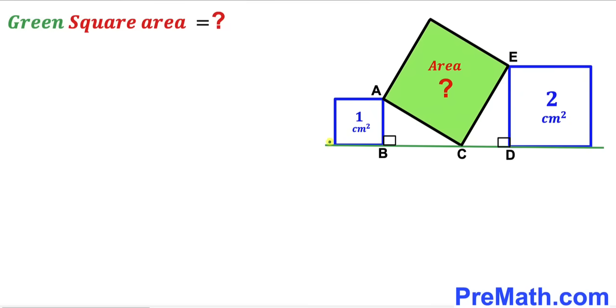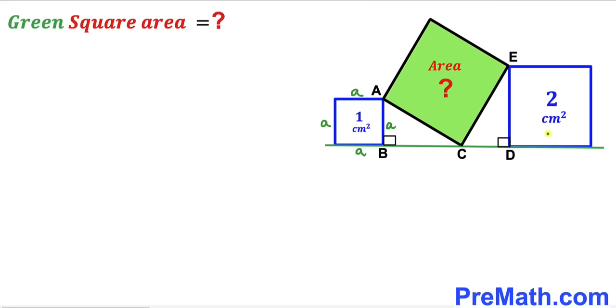And here's our very first step. Since we are dealing with all these squares, all these squares have the same side lengths. If I label this side length as lowercase a, then this is going to be lowercase a, and lowercase a.